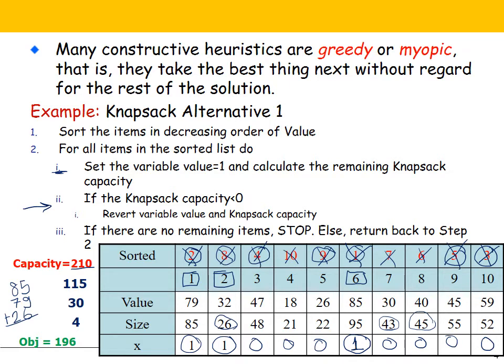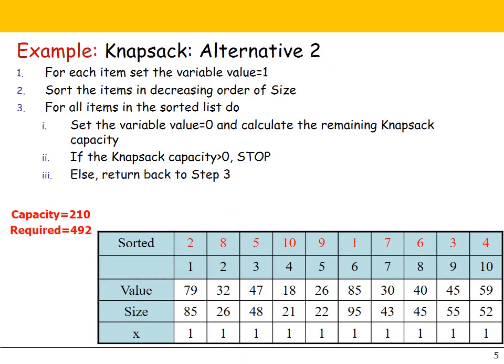So let's see another alternative. Now we are going to look at it from a different perspective, and in fact a very similar one, but we will develop a new construction heuristic. Again, let me remind you the problem.